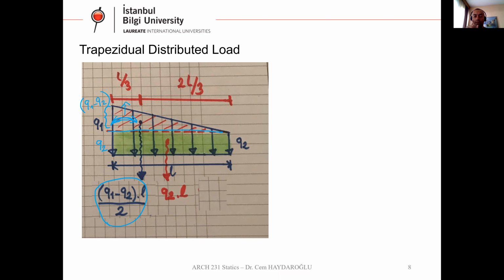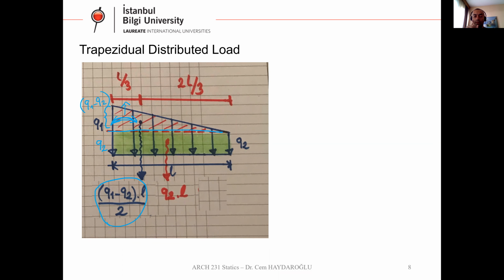That is our concentrated load location. So if we have complex shapes, we are gonna split them to basic shapes, and we are gonna calculate their concentrated loads separately. That's okay. We don't have to use only one concentrated load. If we split it into 2, 3, I don't know, 4 basic shapes, at the end of the day, we are gonna have 4 different concentrated loads.